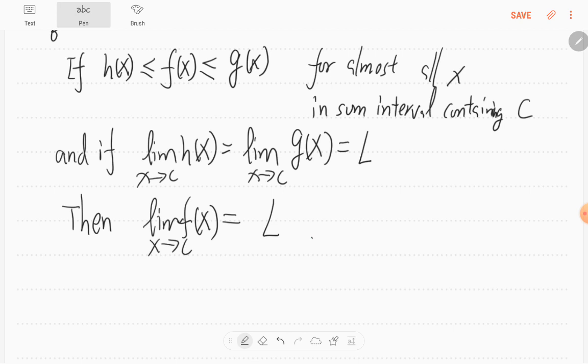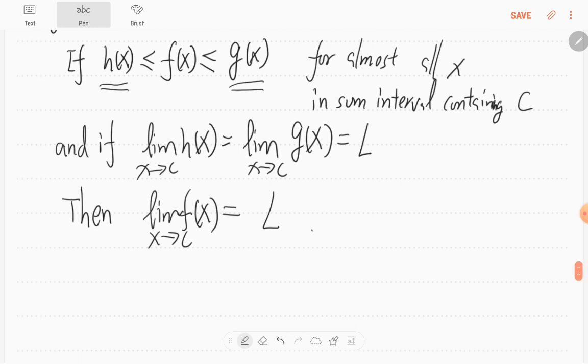Both sides of f, which are g and h, when x approaches c, both sides will approach the same number L. Then the middle one must approach the same number L also.